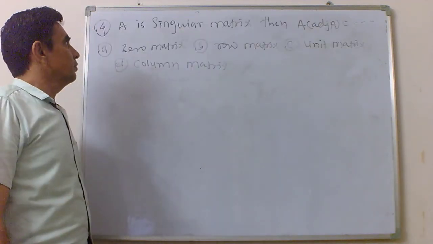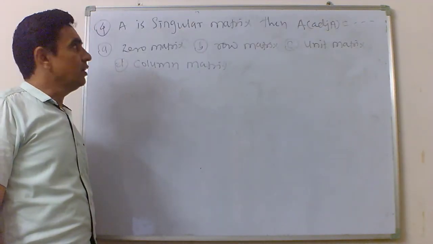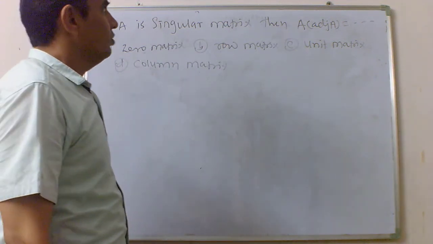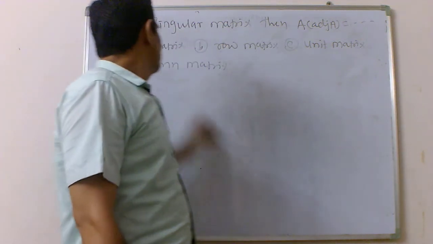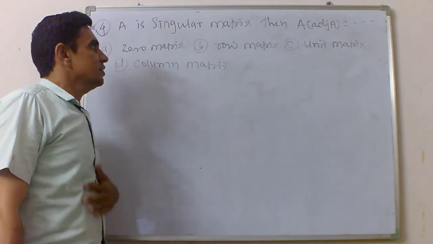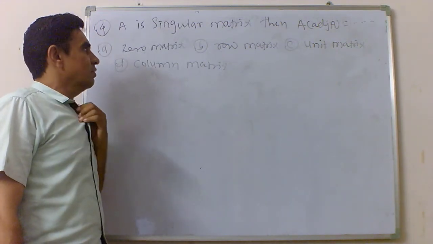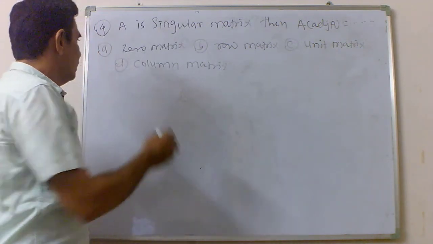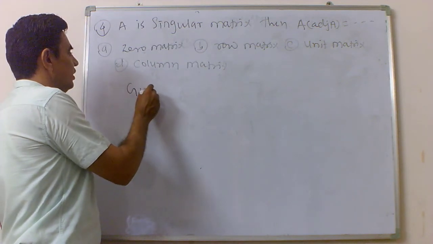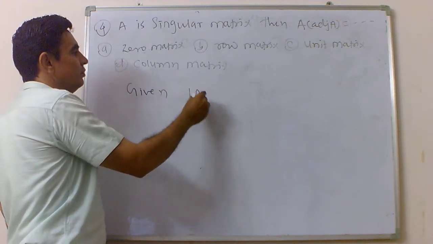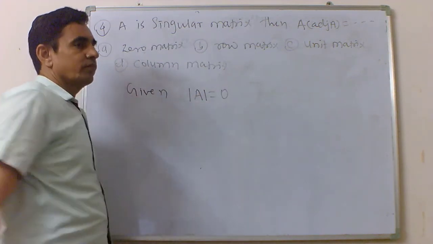Now see the next problem. A is a singular matrix, then A into adjoint of A is equal to what? Options are here: zero matrix, row matrix, unit matrix, column matrix. Now given here A is singular, which means determinant of A is equal to 0.